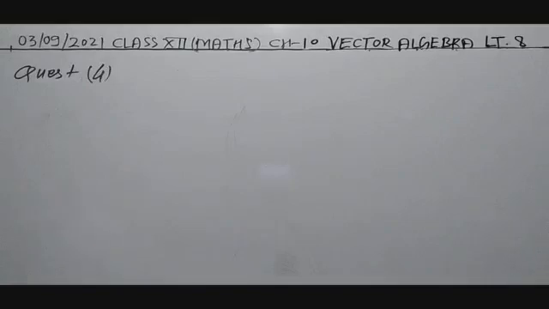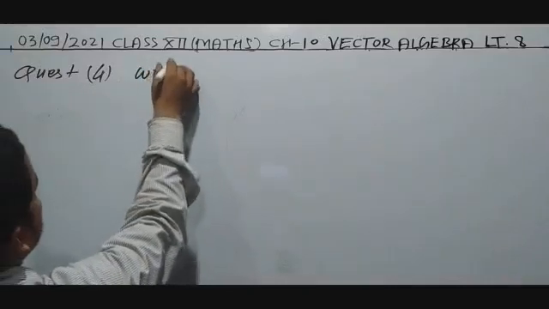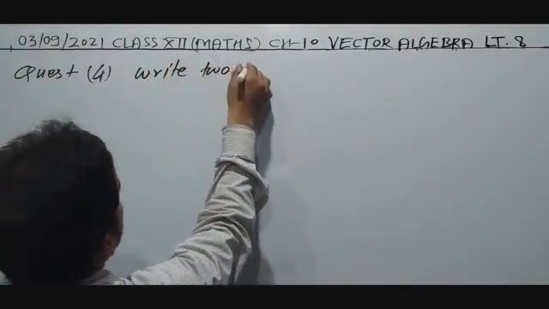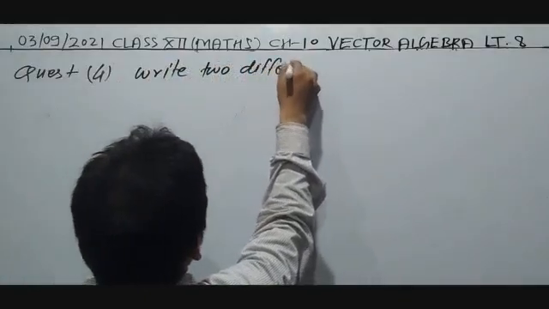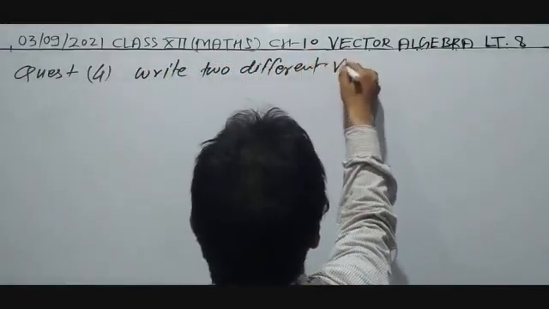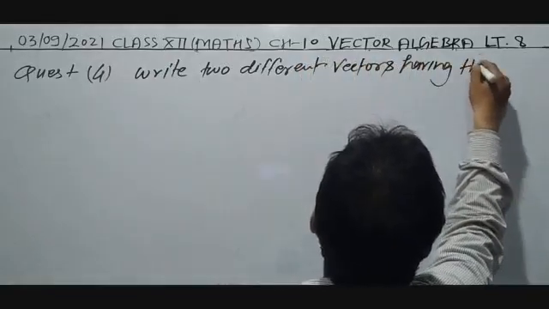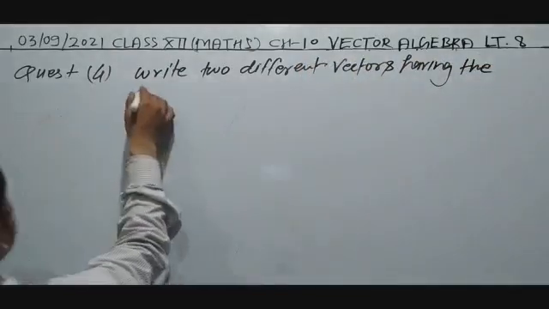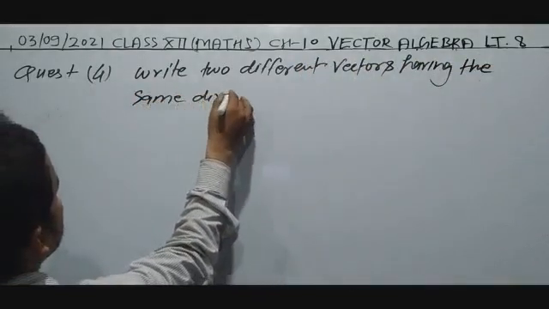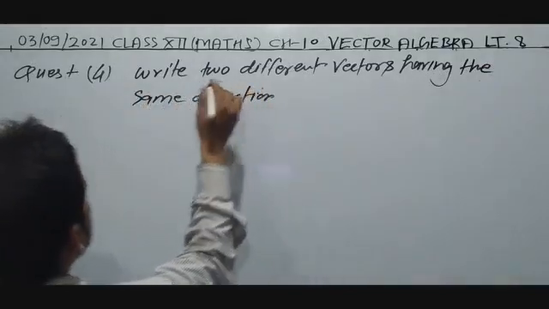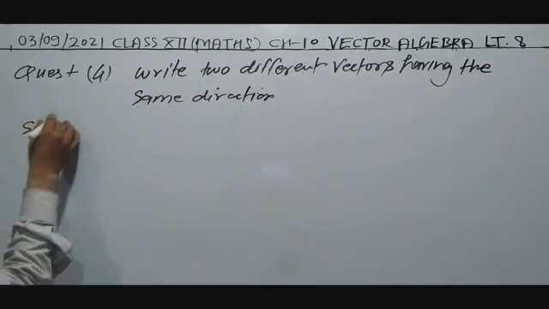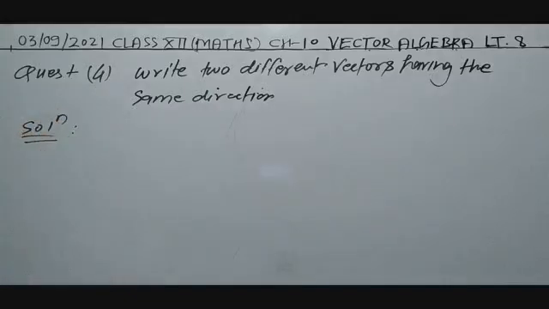Now question number 4 is: write two different vectors having the same direction. So the solution: we have to write two different vectors having the same direction.